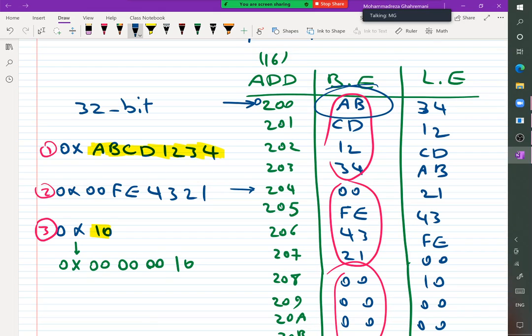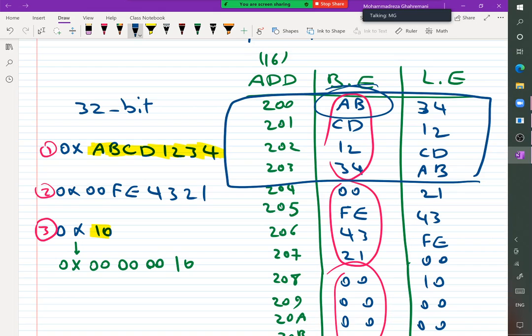But in Little Endian, for the first number, in order to see if the number is positive or negative, we should look at address 2 or 3 and see what the first bit is. So Big Endian has an advantage that by looking at the address with offset 0, we can easily determine if the number is positive or negative.